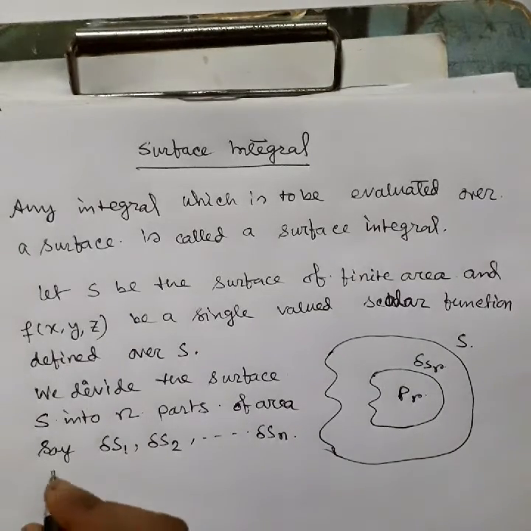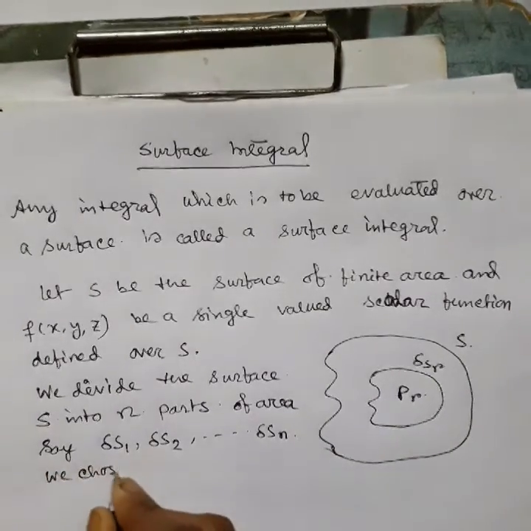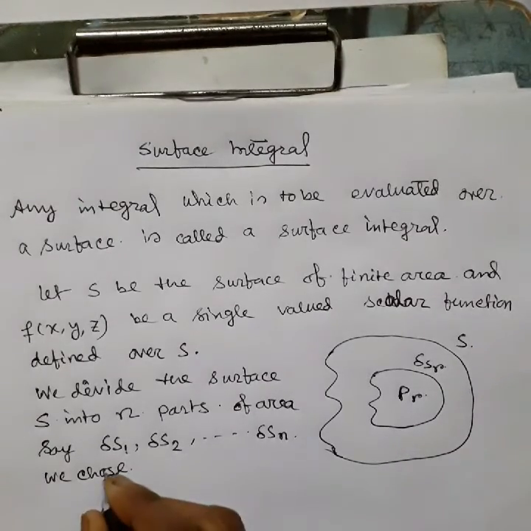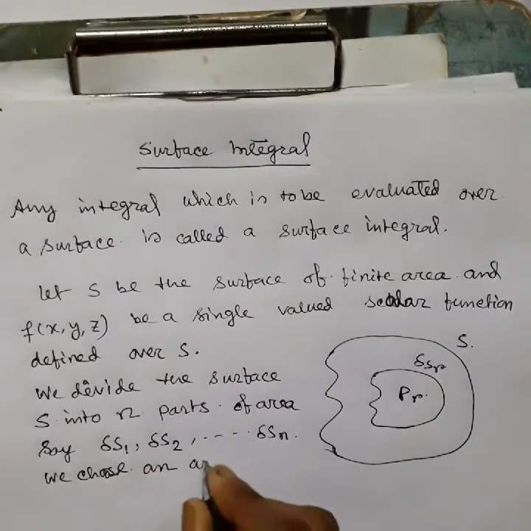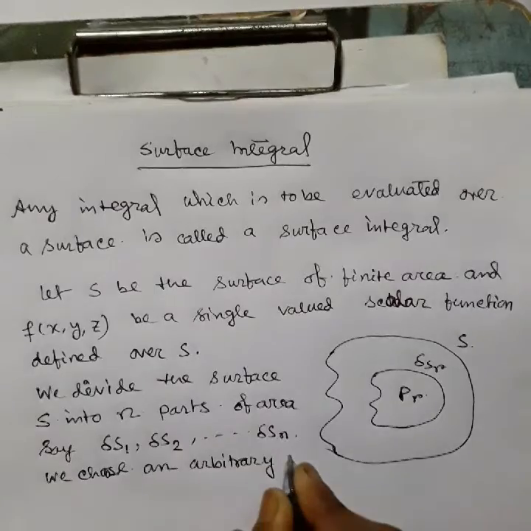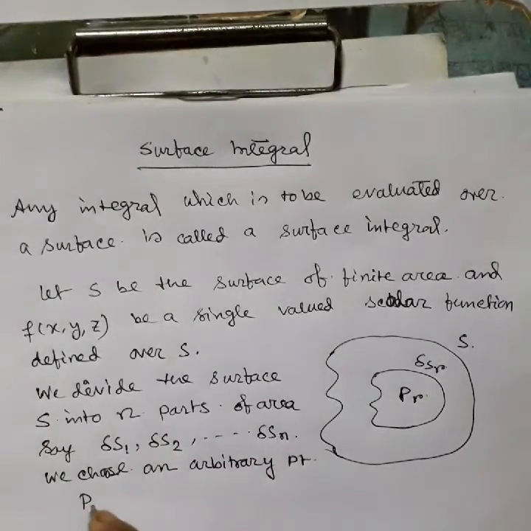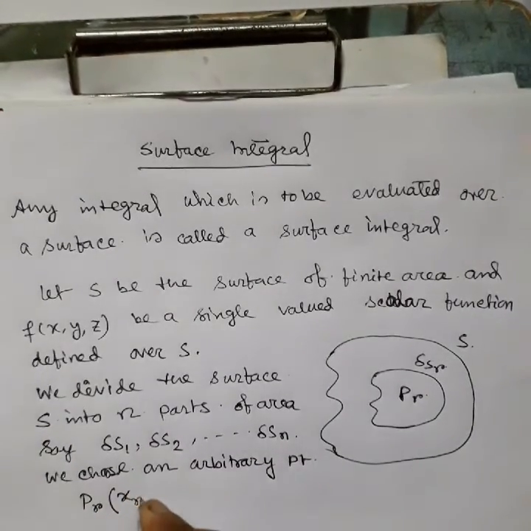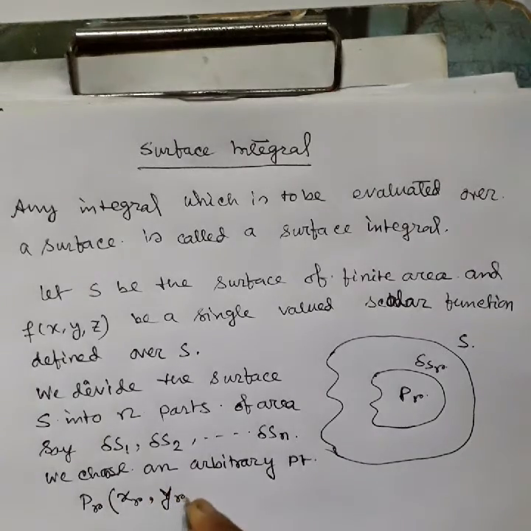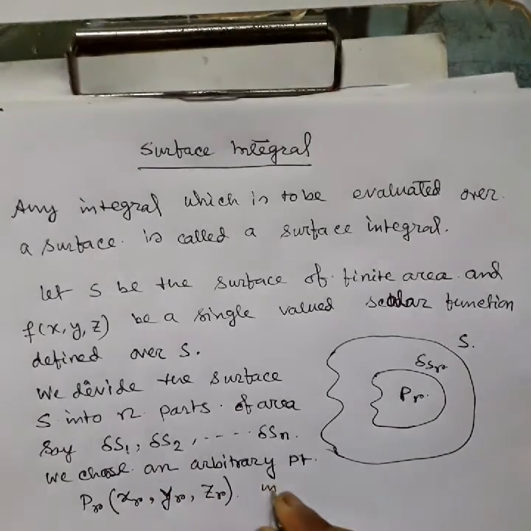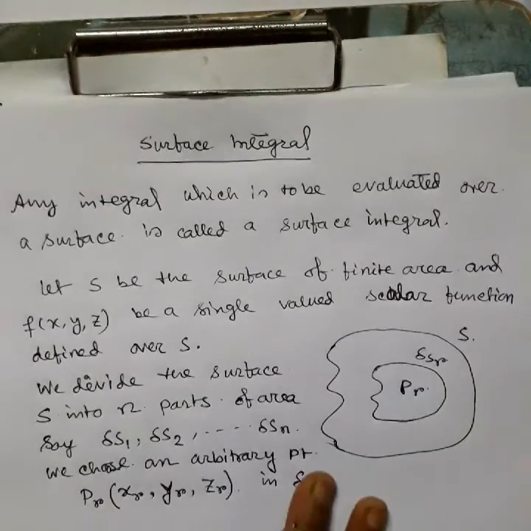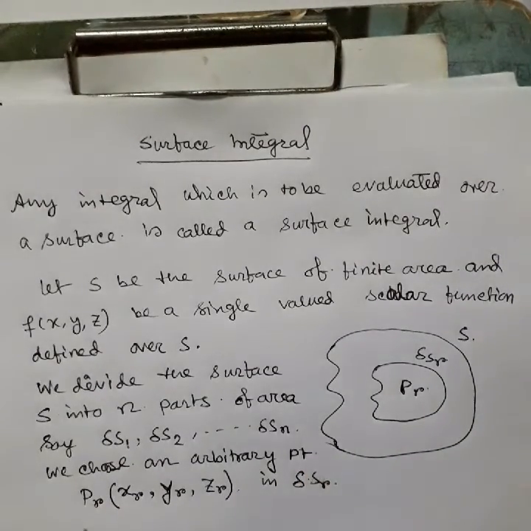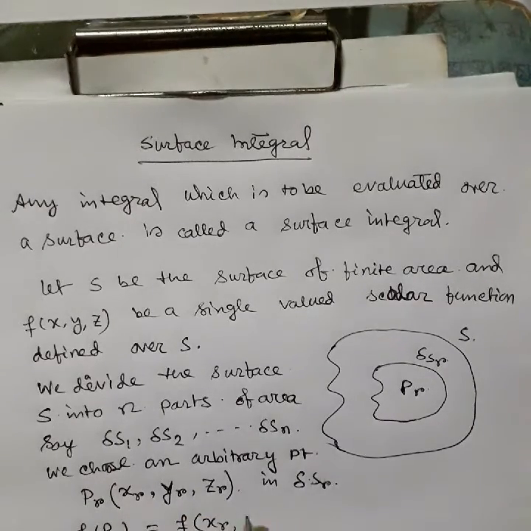And we choose an arbitrary point PR where the coordinates are XR, YR and ZR in delta SR. So f of PR is equal to f of XR, YR, ZR.